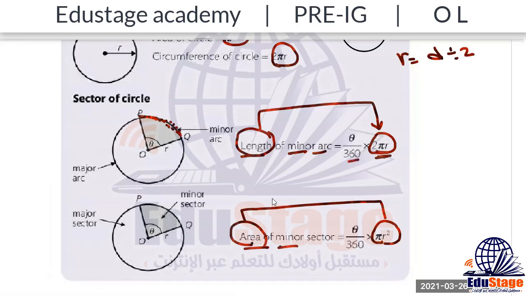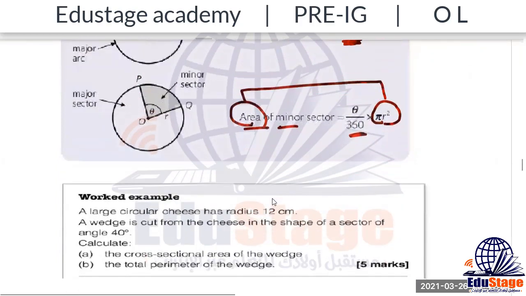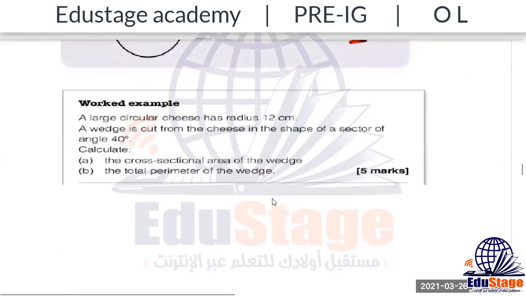Both of them including theta divided by 360. Whereas theta is this angle opposite to the arc. Okay? Okay, let's solve an example here.